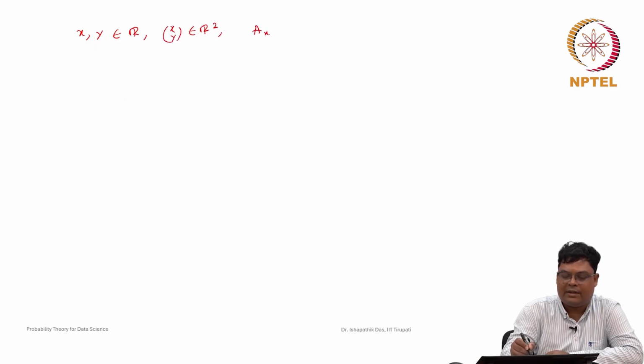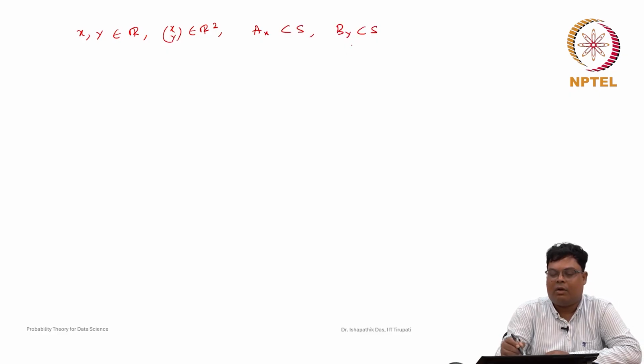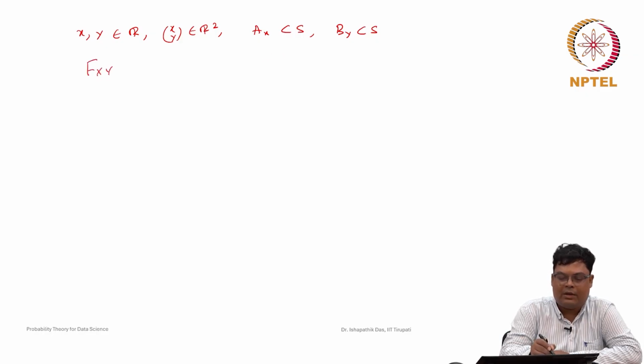Suppose when we say two events are independent, for any real numbers x and y, we are basically considering (x, y) belongs to R squared, where A_x is a subset of S and B_y is also a subset of S, and these are all in the sigma field. Then the joint distribution function is nothing but the probability that X less than or equal to x and Y less than or equal to y, which is the probability of the event X less than or equal to x intersection Y less than or equal to y.